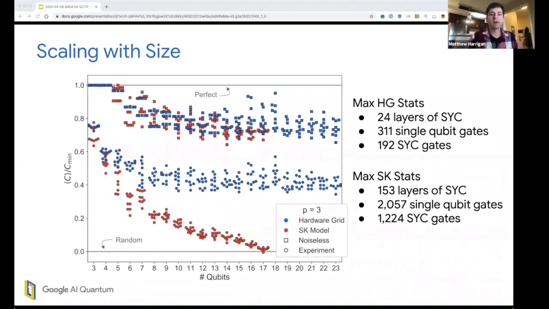You could see that there's still significant performance in the 10 to 16 qubit range, but there's clearly this degradation of performance as you increase the problem size. This should be a wake-up call that it may be difficult to scale QAOA compiled to an actual device up to problem sizes which are industrially relevant.